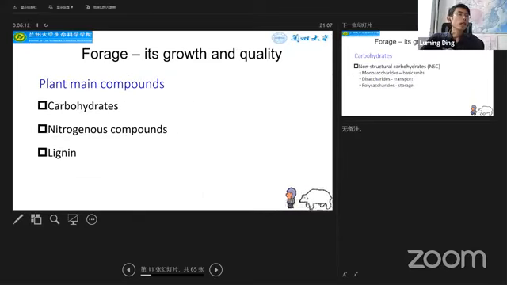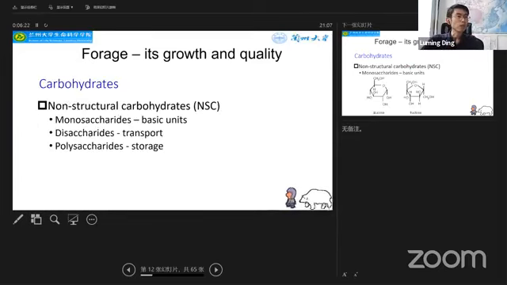There are some plant main compounds we should consider for the quality of forage: carbohydrates, nitrogenous compounds, and lignin. So there are some different carbohydrates. First is non-structural carbohydrates, NSC.